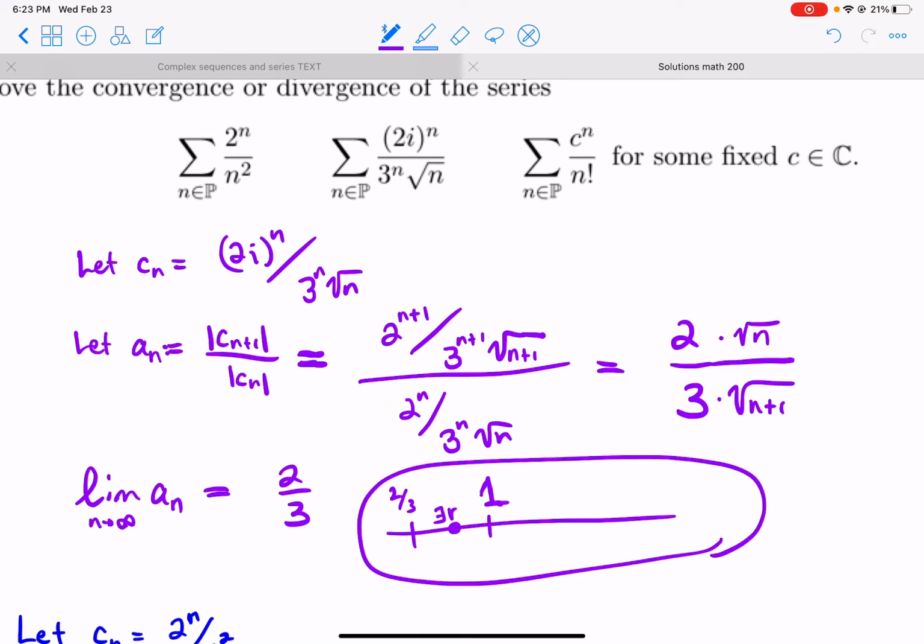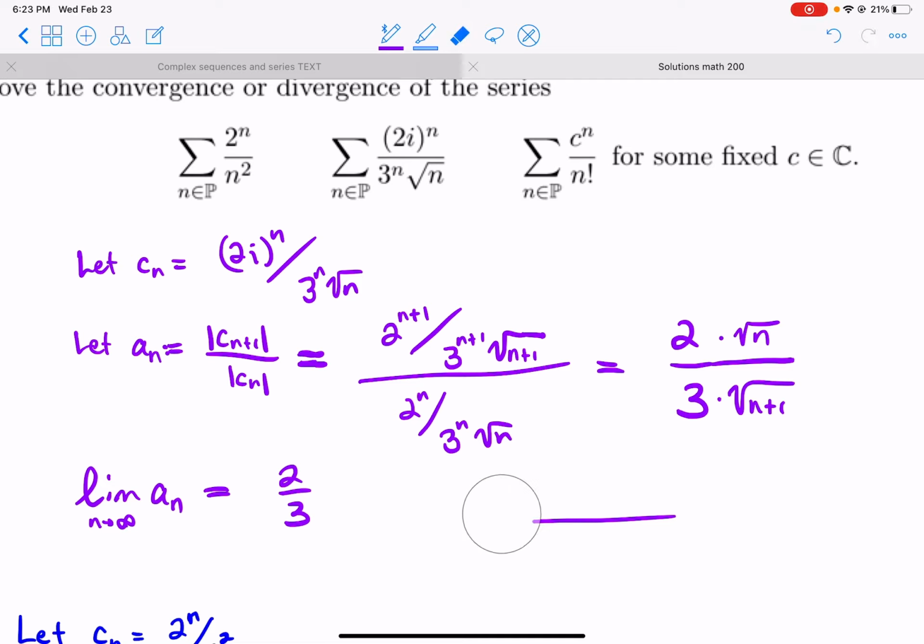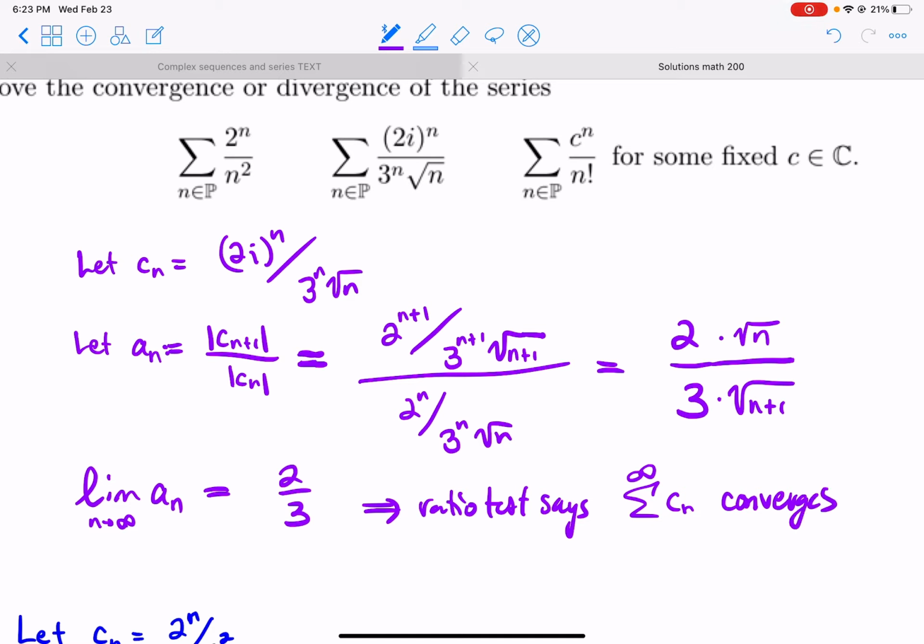This is from the proof of the ratio test. But anyway, the ratio test says that the sum of the c sub n's converges since 2/3 is strictly less than 1. This converges.